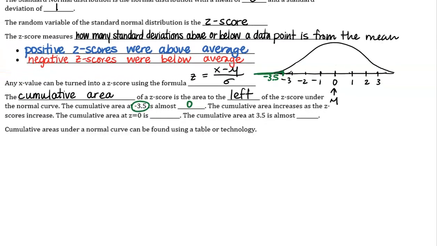On the other hand, as we continue to move to the right, so for example, the cumulative area of -2, I just sketched there in blue, which does include the green part. As we continue to move to the right, the cumulative area gets bigger. For example, at 0, what would the cumulative area be at 0? Remember, this curve is symmetric.